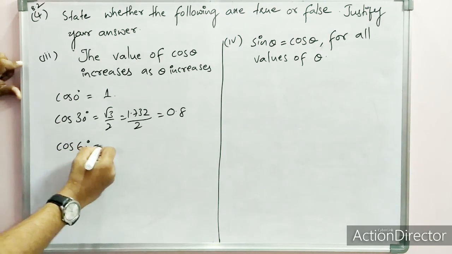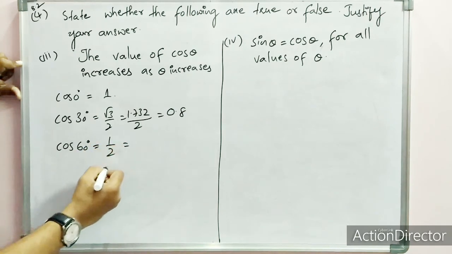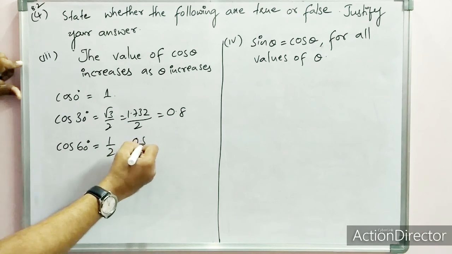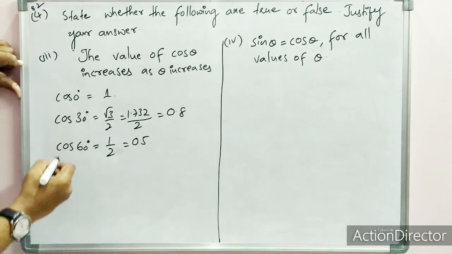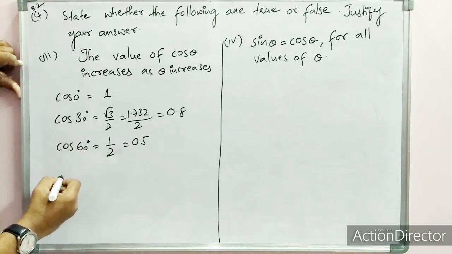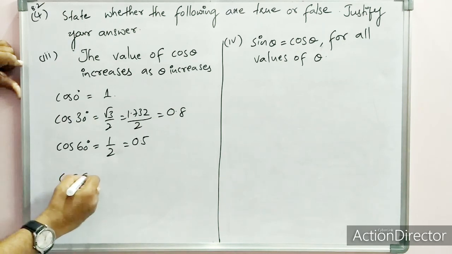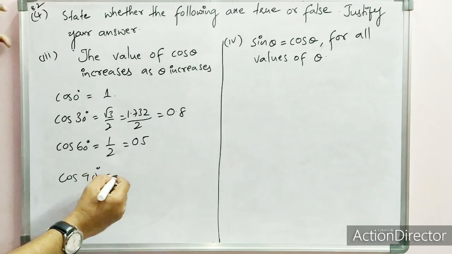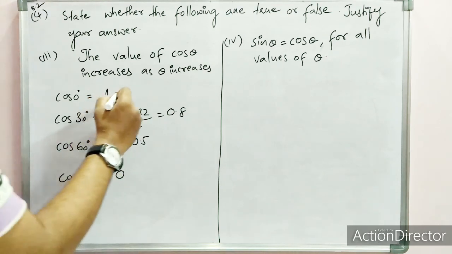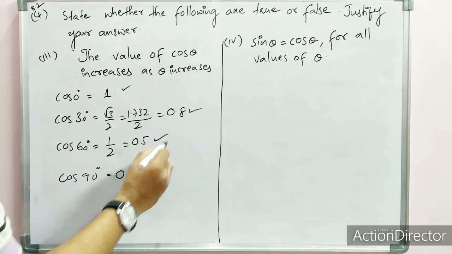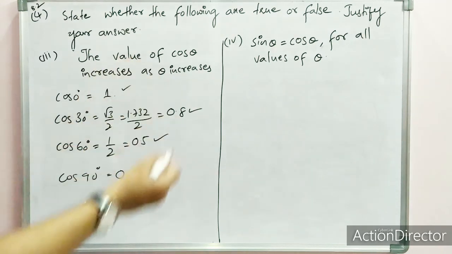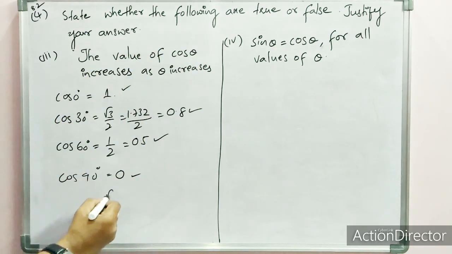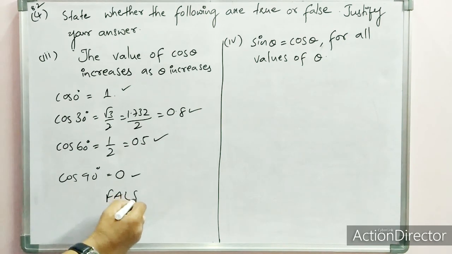Cos 60 is 1 by 2, it will become 0.5. And if I take one more value here, cos 90, so cos 90 is 0. You see, first 1, then 0.8, 0.5 and 0. So the value is decreasing when theta increases. Therefore, the given statement is false.